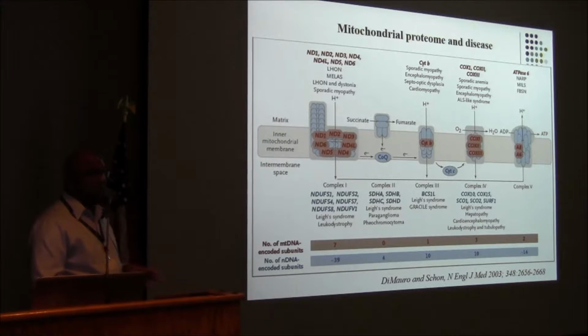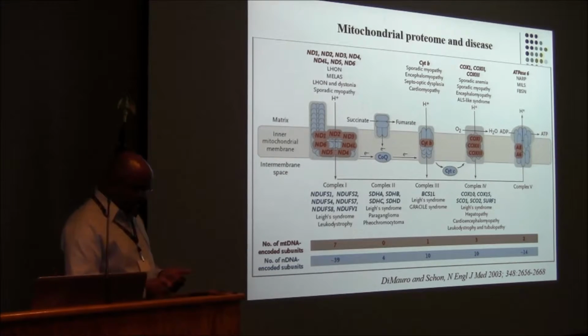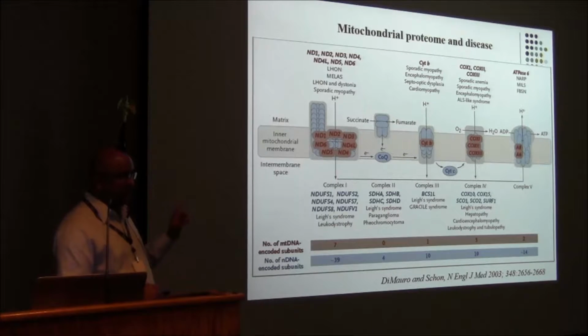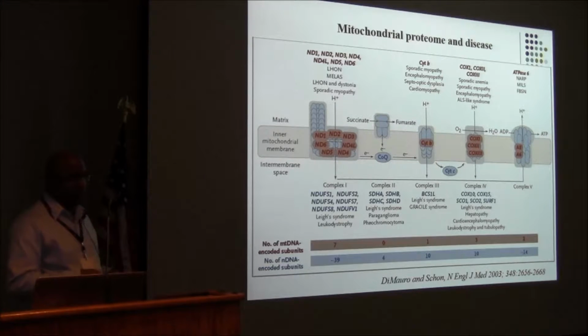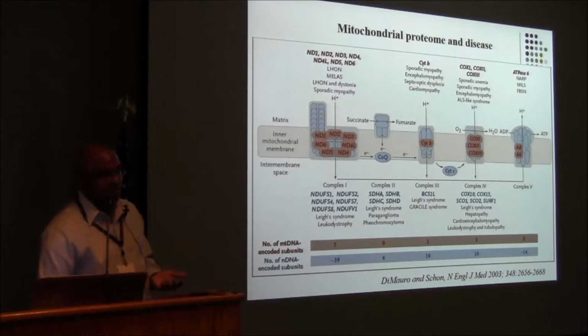Complex 2 is the only complex in the electron transport chain that is not encoded by mitochondrial DNA. When oxidative phosphorylation takes place, electrons can enter through complex 1 or complex 2, and they go through all these complexes, and at the end you have ATP production.